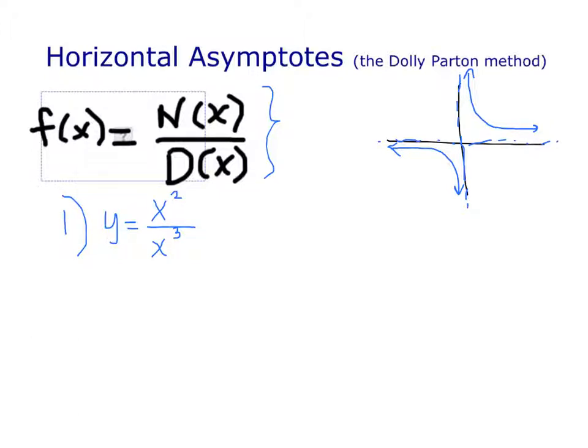So for instance, you see that x to the third resides in the denominator, right? And so in that case, it would have a horizontal asymptote at the x-axis. It would be y equals 0.